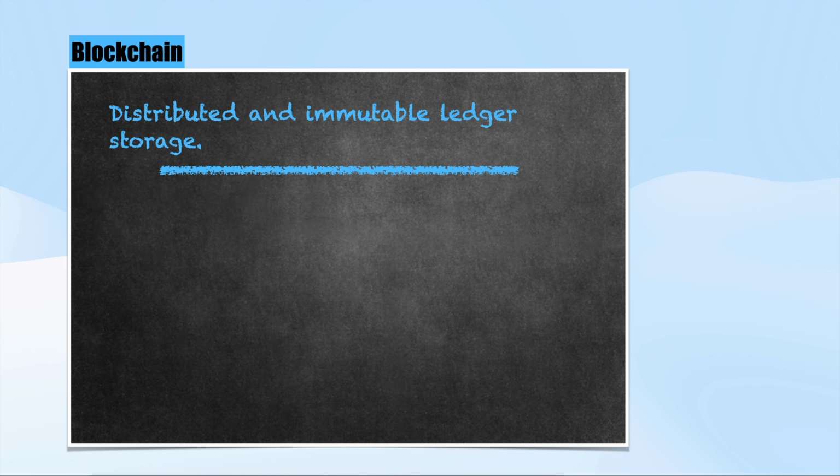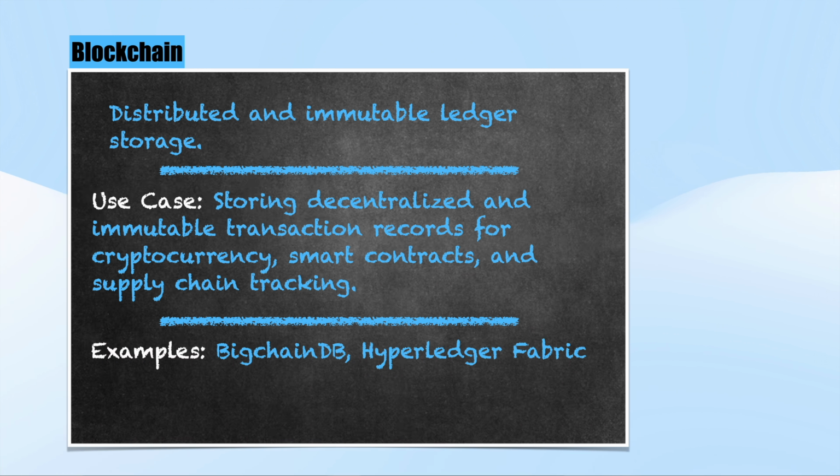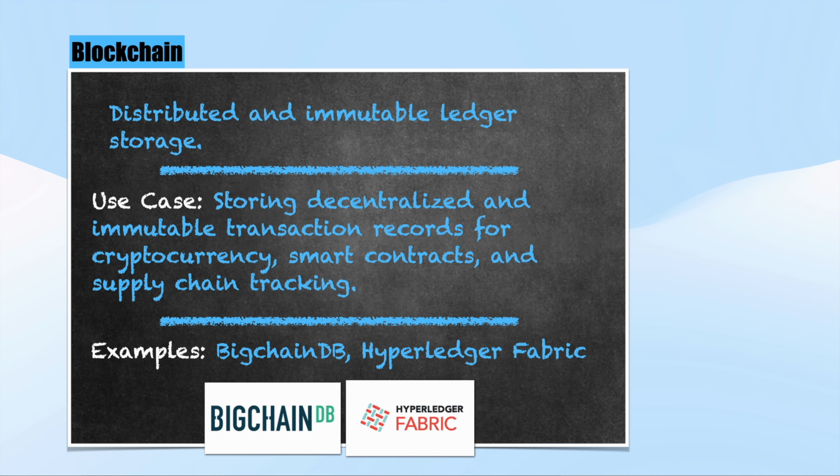So to summarize, blockchain databases use a distributed and immutable ledger to securely store data, making them ideal for applications like cryptocurrencies, smart contracts, and supply chain tracking. BigchainDB and Hyperledger Fabric are examples of blockchain databases in action, and Bitcoin is a famous real-world application that relies on blockchain technology for secure transactions.